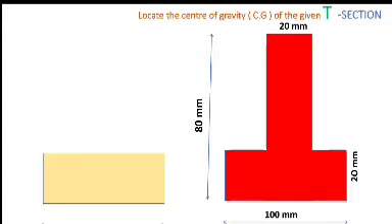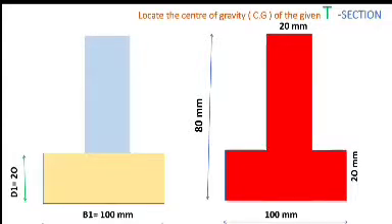The dimensions of the bottom rectangle are b1 equal to 100 mm and d1 equal to 20 mm, and the dimensions of the vertical rectangle are b2 equal to 20 and height d2 equal to 60 mm.